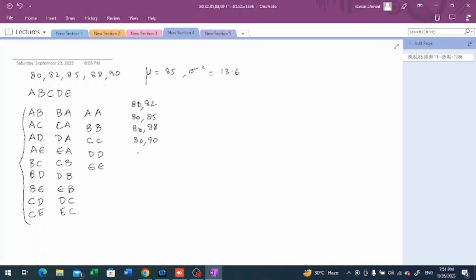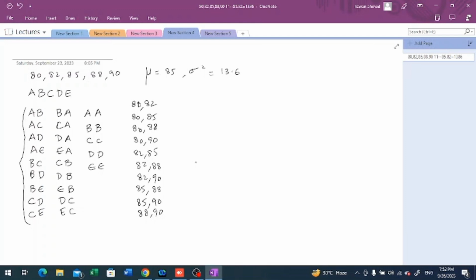Then we have 82 with 85, 82 with 88, 82 with 90. Then, starting with 85, 85 with 88 and 85 with 90 are the other 2 samples, and the last one would be 88 with 90.